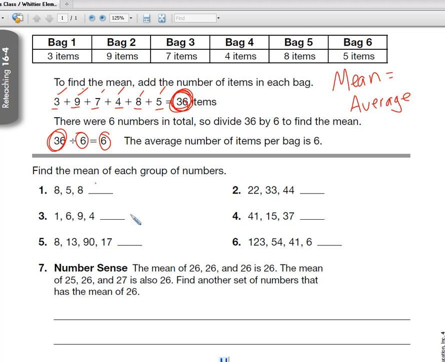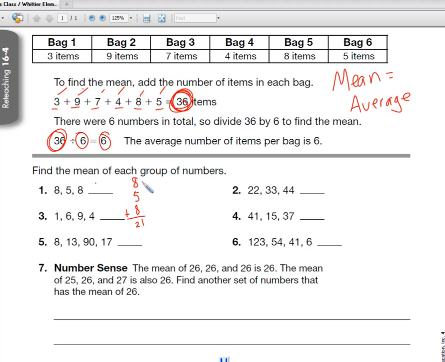So I'm going to do a couple here on the reteach side with you, and then you can do the practice side for homework. So here we go. Number 1, find the mean of each group of numbers. Here we have an 8, a 5, and an 8. If we add those up, 8 plus 8 is 16, 16 plus 5 is 21. So we got a sum of 21.